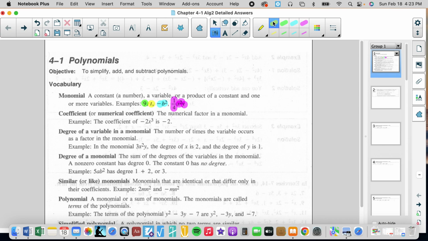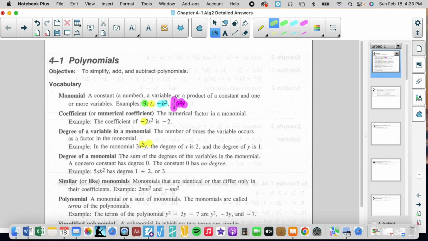Coefficient is going to be the number in front of the variable, -2, for instance. Degree of a variable, the degree is going to be the exponent of your variable. In a monomial, the degree of x is 2, the degree of y is 1.